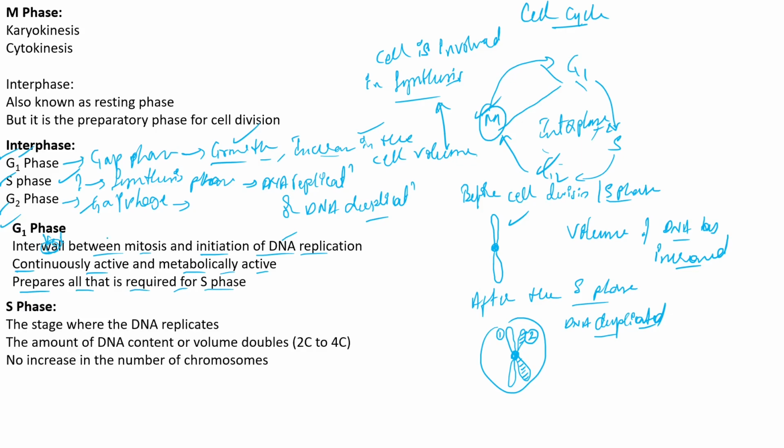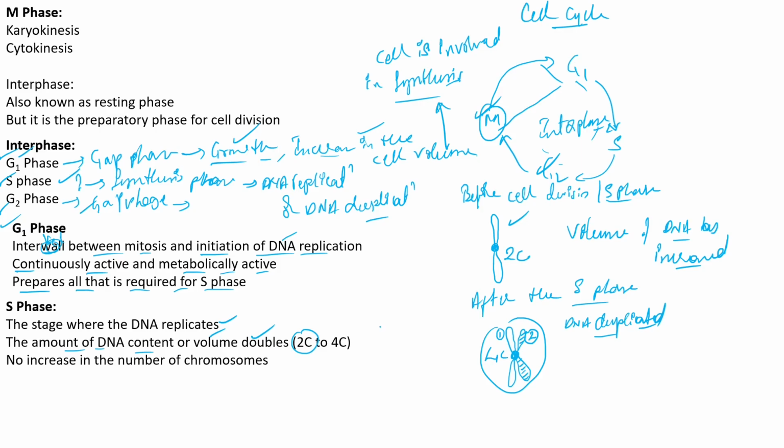In the case of the S phase, this is the stage where the DNA replication occurs. As I mentioned, the amount of DNA content doubles. So if this is 2C, then this will be 4C. I hope you have got the idea of what I was trying to explain.